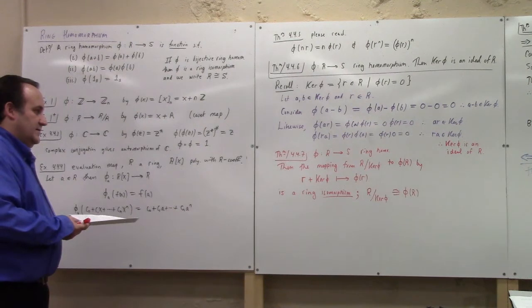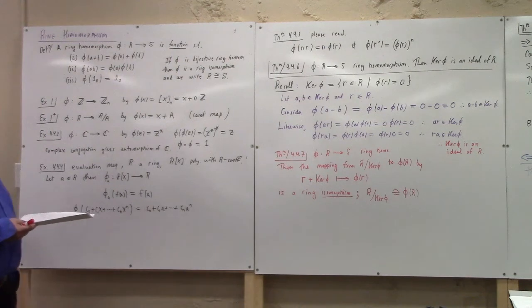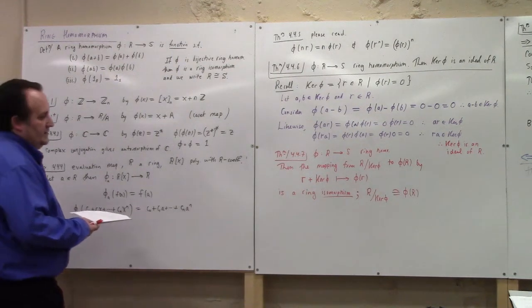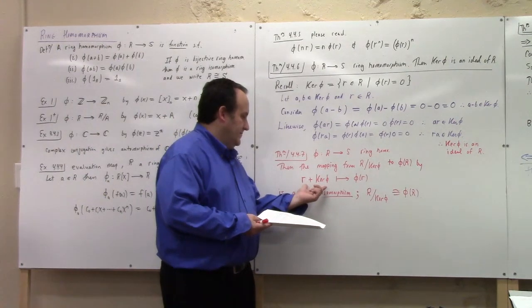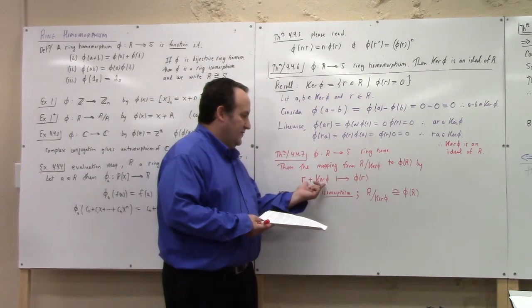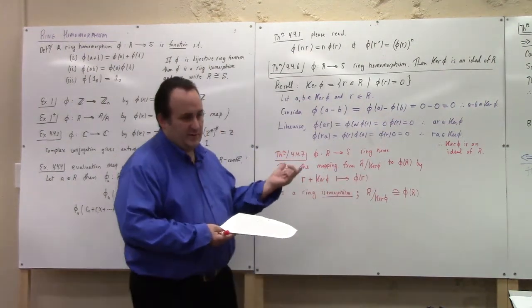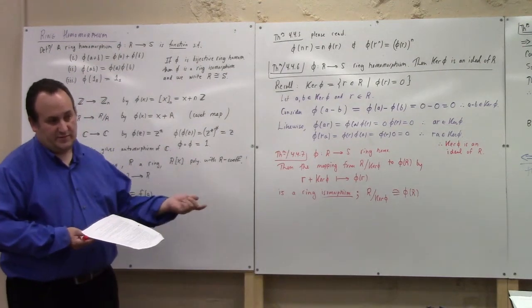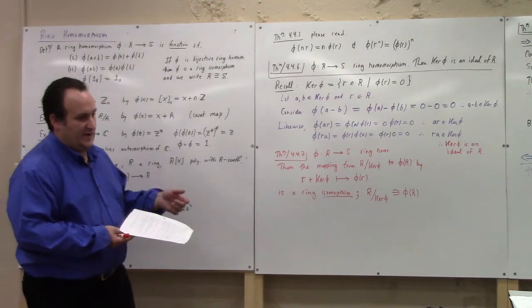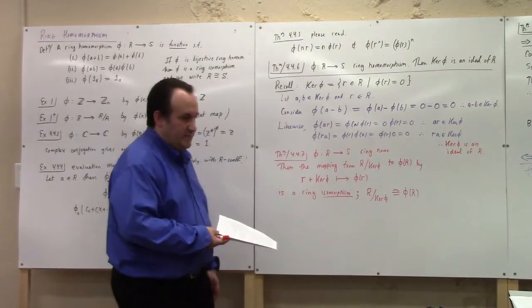For the map to be one-to-one, suppose you have phi of R1 plus kernel phi and R2 plus kernel phi mapping such that phi of R1 equals phi of R2. Then phi of R1 minus R2 is equal to 0, which means R1 minus R2 is in the kernel, which then means R1 plus kernel equals R2 plus kernel. So equality of outputs implies equality of inputs, which is to say it's one-to-one.